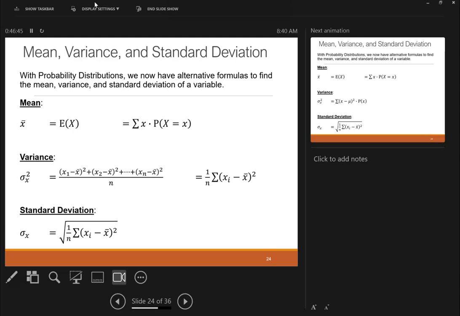So our mean is the same thing as expectation. Here's our expectation formula. We've done a couple of examples on that. Hopefully by now you recognize what you're supposed to be doing.